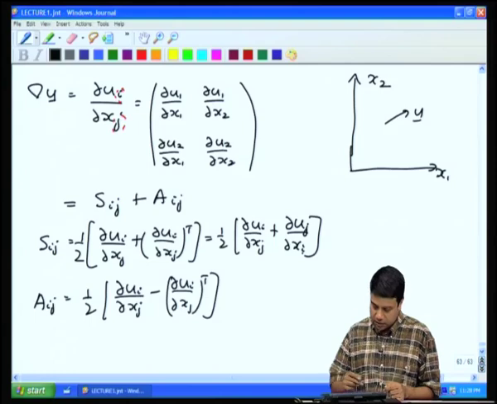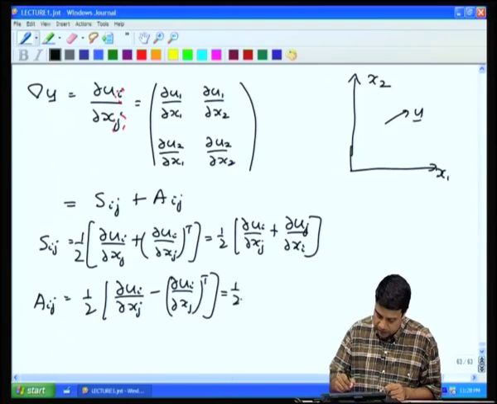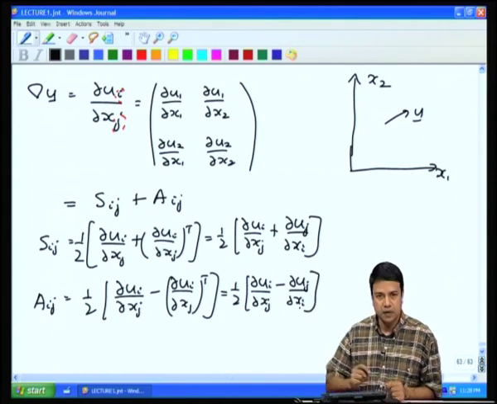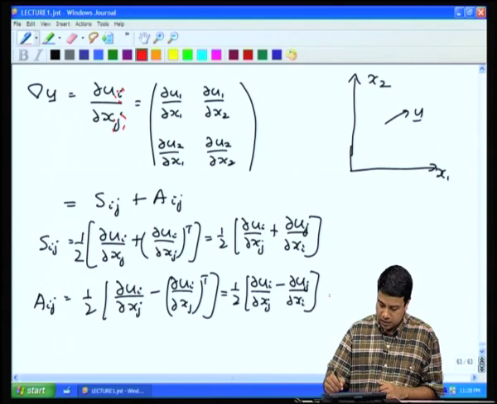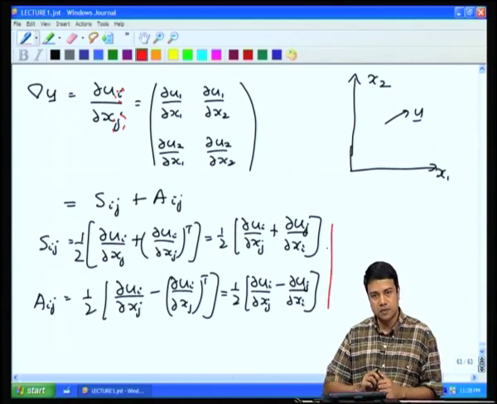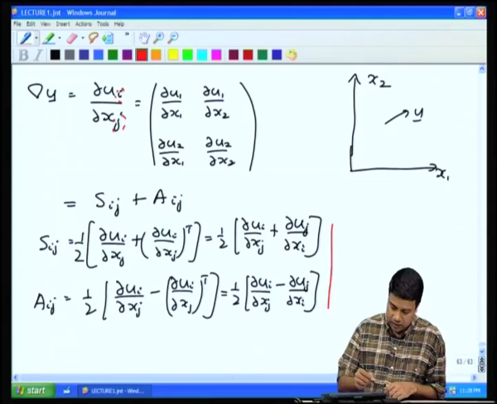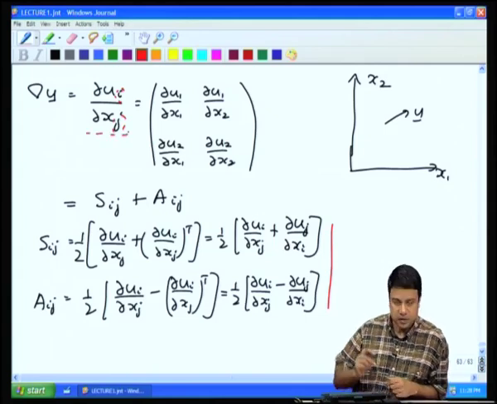Similarly, for the antisymmetric tensor, and you can easily verify that if I take these two and add them up, the symmetric and antisymmetric, I get back to this tensor.